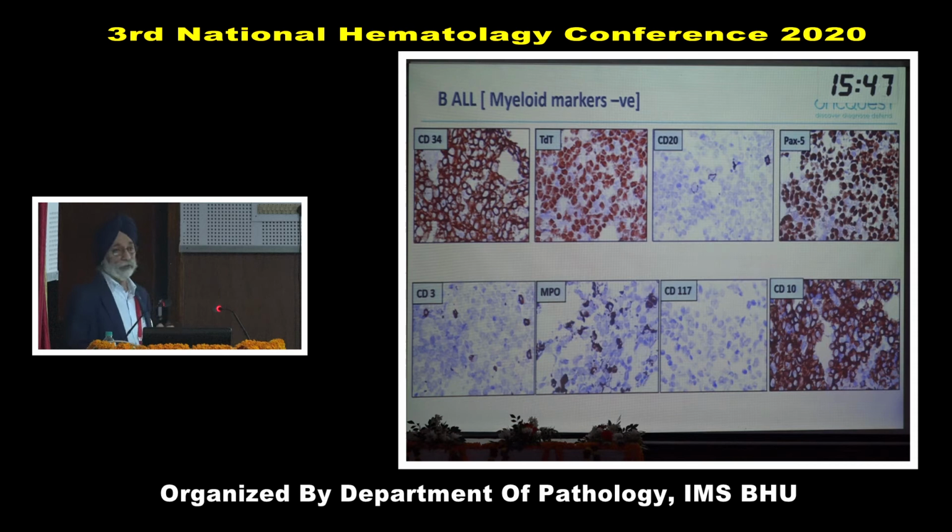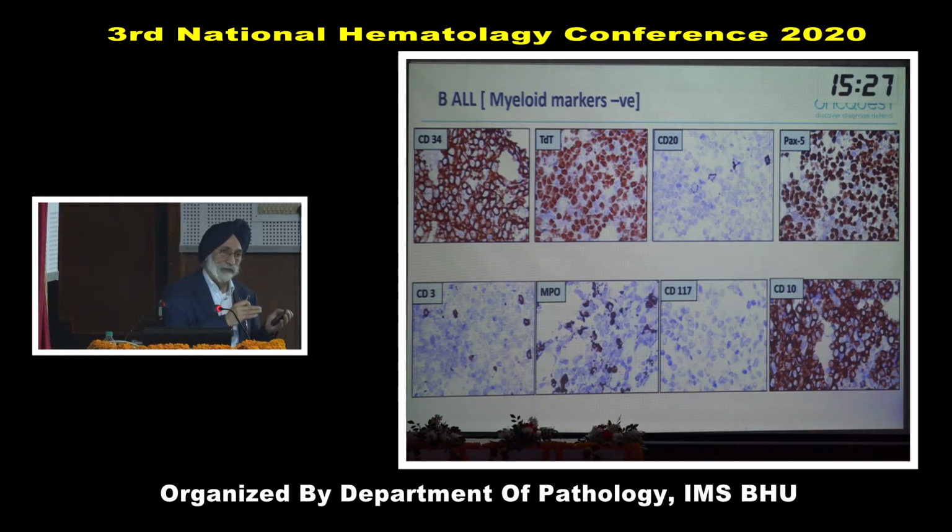Suppose we have a case of suspected ALL. Whenever there is a case of acute leukemia, we apply markers of ALL, AML, B-ALL and T-ALL at the same time. So we usually do it in stages.